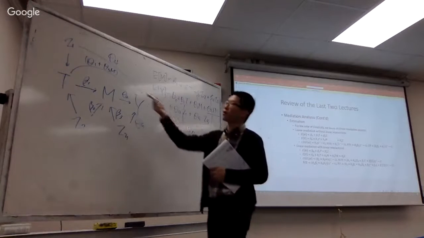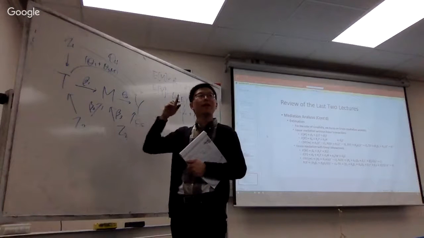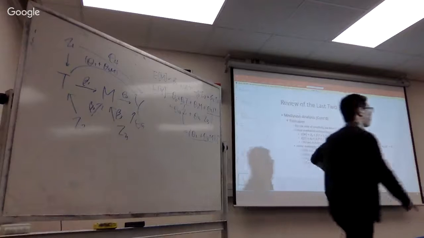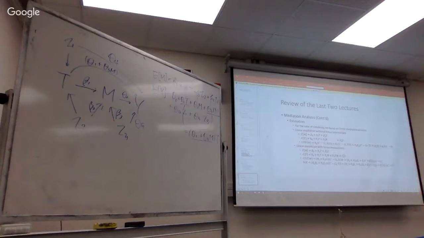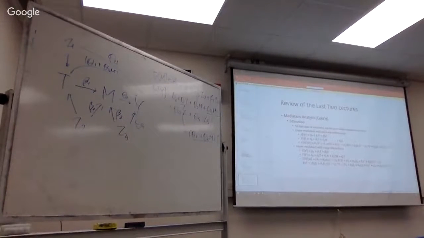So the path coefficient between T and Y, the direct relationship, can vary depending on the level of M. And if you plug in the numbers in the equations, then you would have all of these effects.